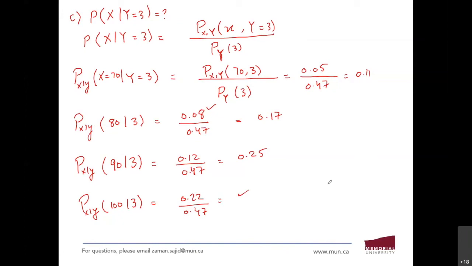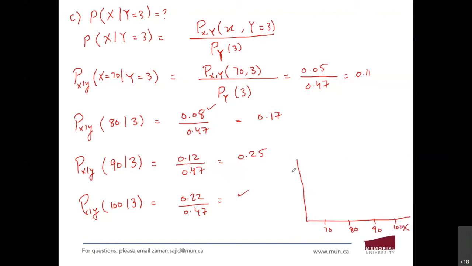Now the next step is we just need to plot this. So for example, this is my X value. The X is 70, 80, 90, and 100.